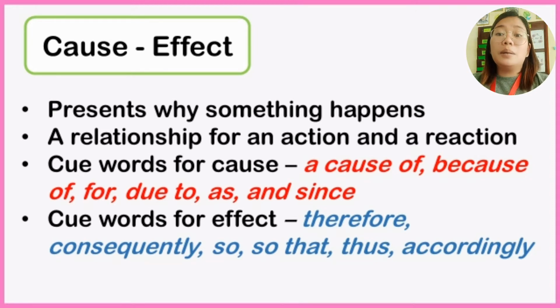Cause of, because of, for, due to, as, and since. Hindi lang ito yung nasa listahan. Actually, mas marami pa. For the keywords for effect, we have therefore, consequently, so that, thus, accordingly, at marami pa. So, ito yung mga salitang pwede mong magamit when you use cause and effect as pattern of writing.